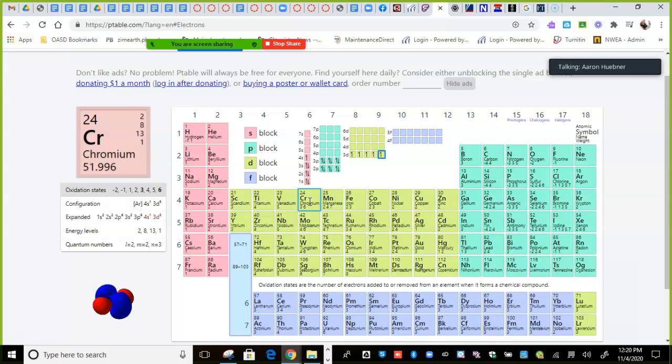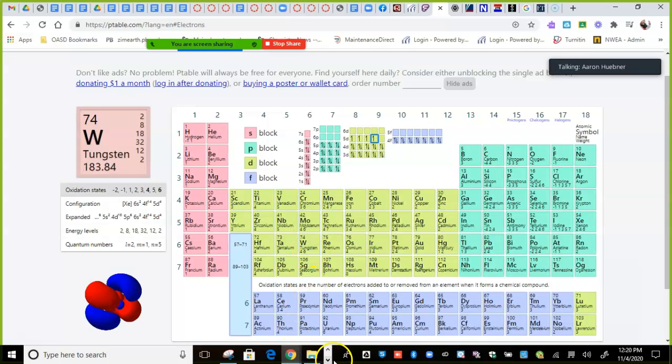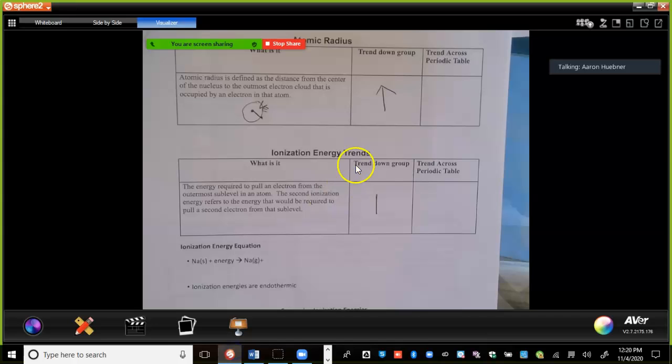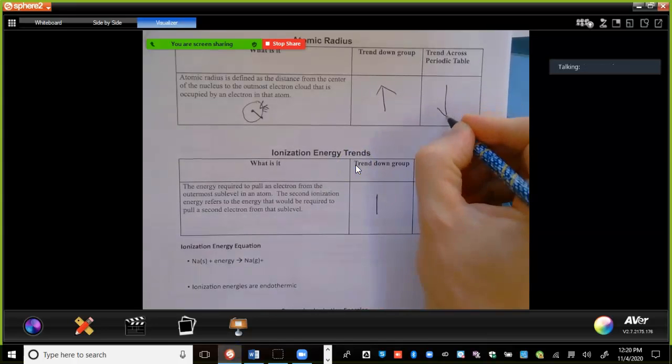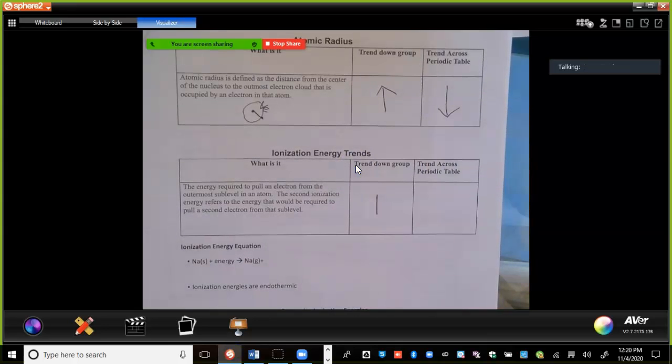Those extra electrons and protons are causing the atomic radius to kind of tighten up a little bit. So in a nutshell, left to right, atomic radius gets smaller. It has to do with nuclear charge increasing.